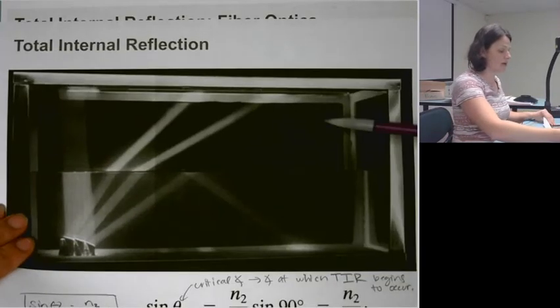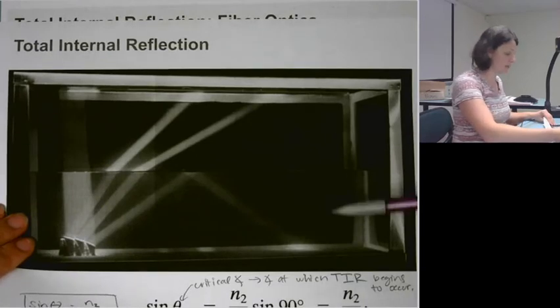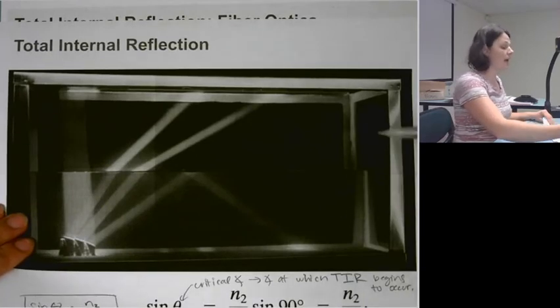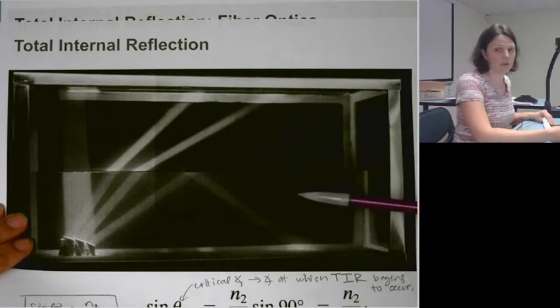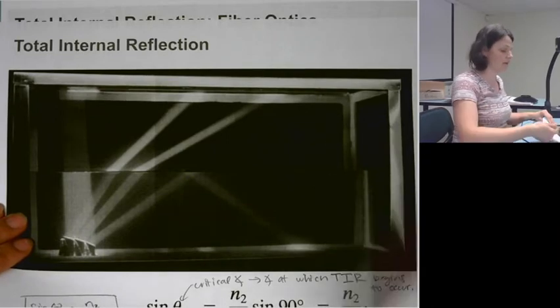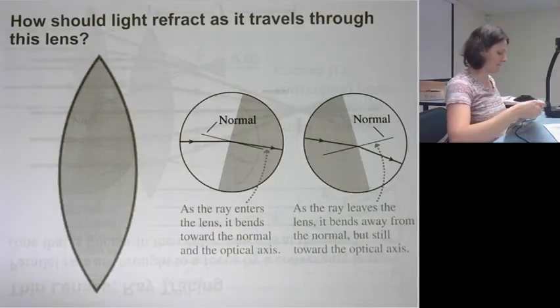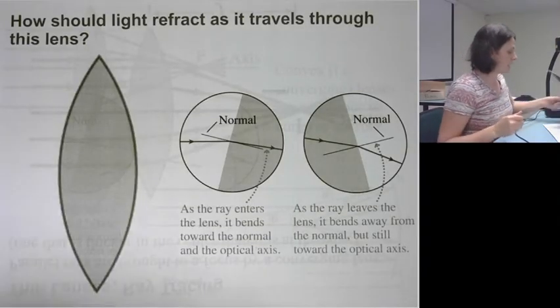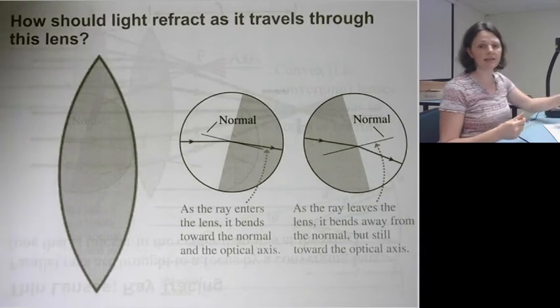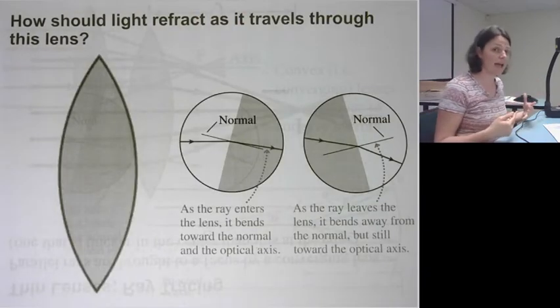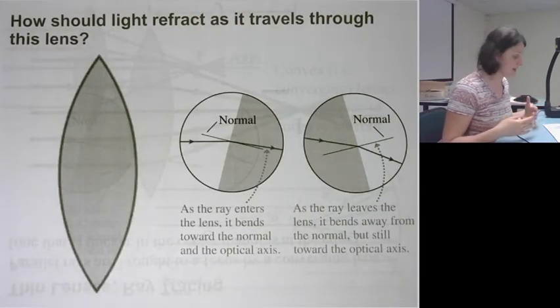So air to water will never have total internal reflection. Water to air is the only way that it would happen.